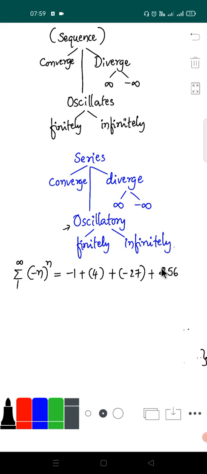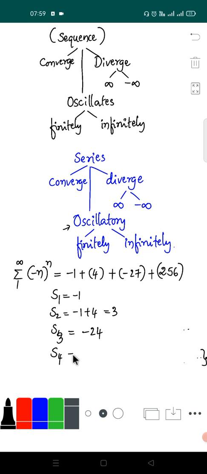Plus positive 256. Now if you observe the sequence of partial sums, S1 is minus 1, S2 is minus 1 plus 4, which is 3, this is positive. S3 is the sum of the first three terms, that is minus 24.